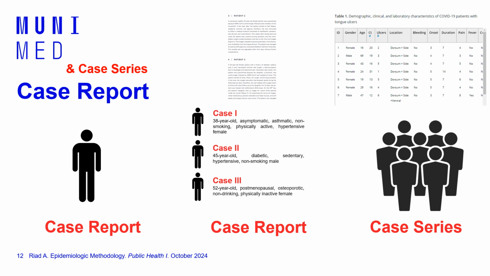One more time, to summarize: if you have one human, this is always called a case report. If you have a group of individuals that are explained in detail, this is called a case report. But if you have a group without much detailed information about each individual, we will call it a case series.